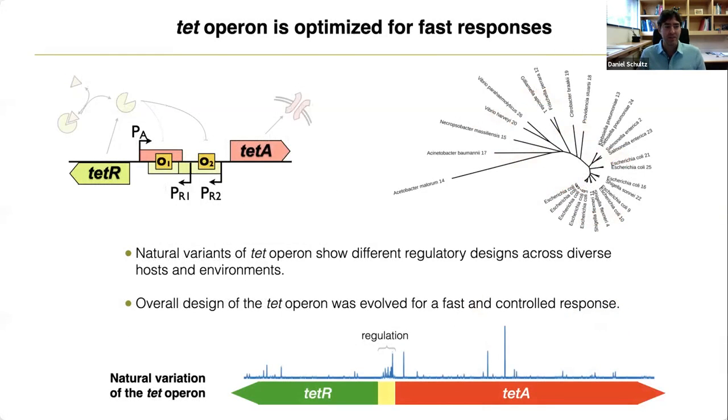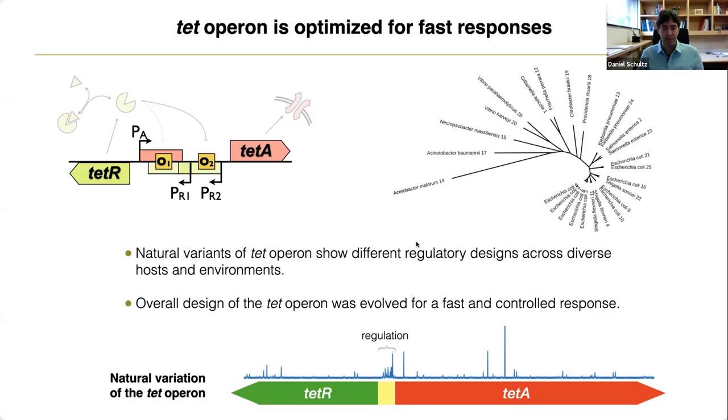The tet operon that contains the tetracycline resistance mechanism is present in a transposon, and it's present in a bunch of different species. So it's mobile, and in this intergenic region here, it has a lot of overlapping promoters and repressor binding sites that implement some pretty sophisticated regulation.